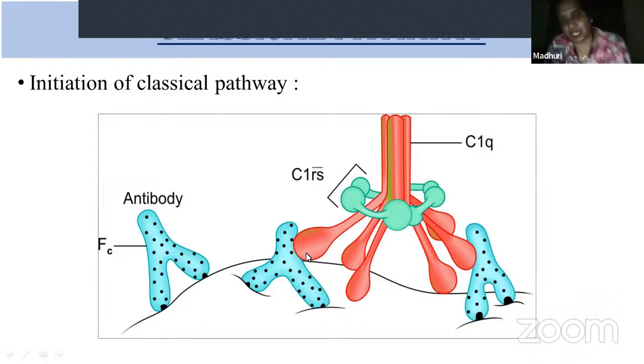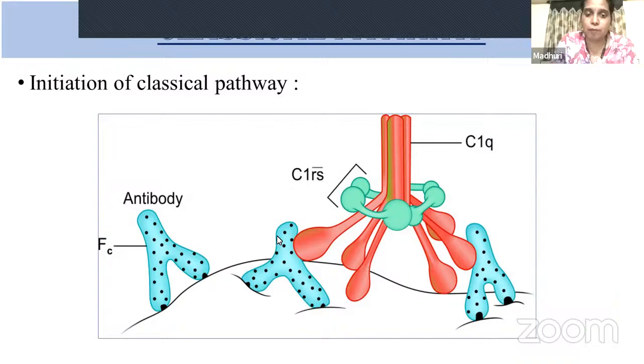If you know the structure of the immunoglobulin, it has 2 different subunits, the Fc subunit and the Fab subunit. The Fab subunit is the one which binds onto the antigenic component on the surface. Then we have the Fc component, which is free, right?